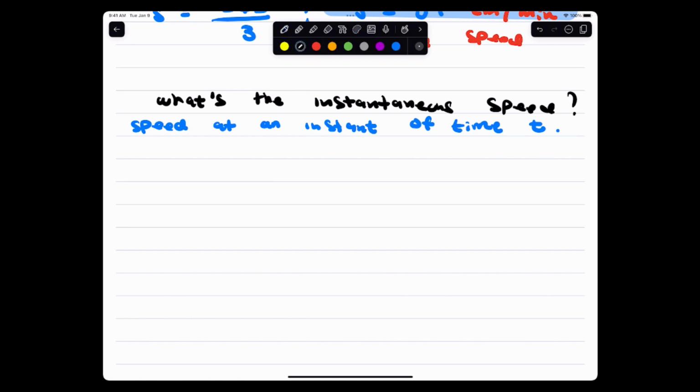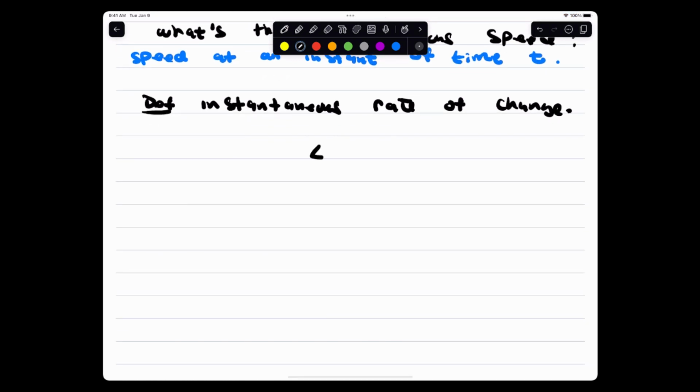And I'm just going to go back and say there's a definition of an instantaneous rate of change. And that's going to be the limit as delta x goes to 0.